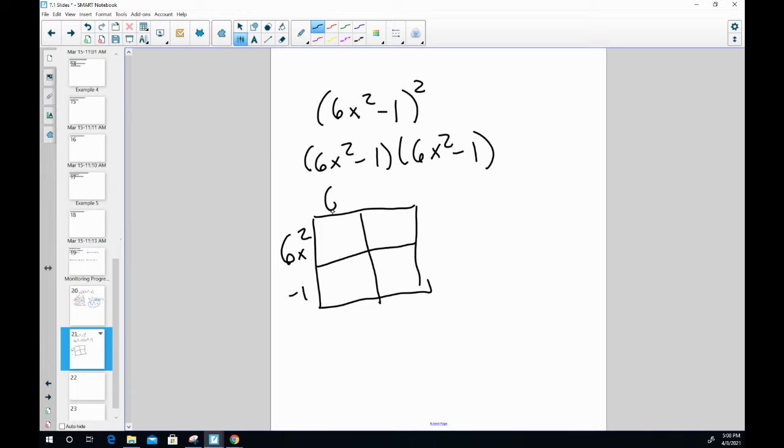But don't assume that just because something looks similar that things are going to disappear. Let's go ahead and go through it here. 36x to the fourth, negative 6x squared, negative 6x squared, and then negative 1 times negative 1 is just a positive 1. Line it up, and you can see nothing's going to disappear here.